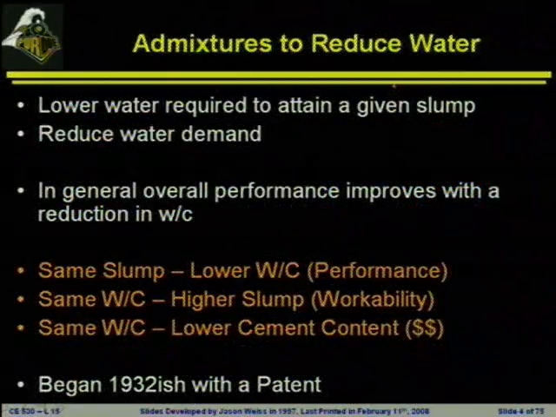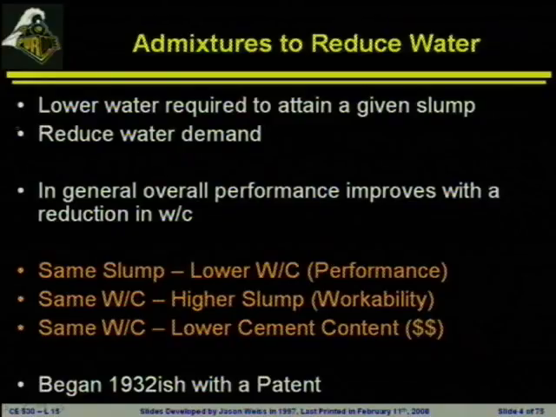The basic idea is that water reducers are going to reduce the water inside of the system. Again, civil engineers have become creative in how we name things, so things that reduce water we'll call water reducers. In general, most of the claims out there revolve around the fact that performance improves as we reduce the water to cement ratio.